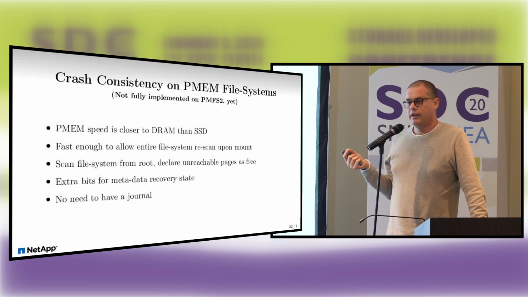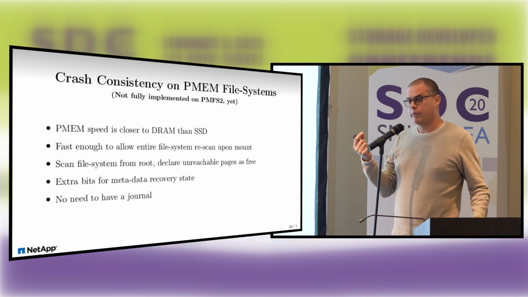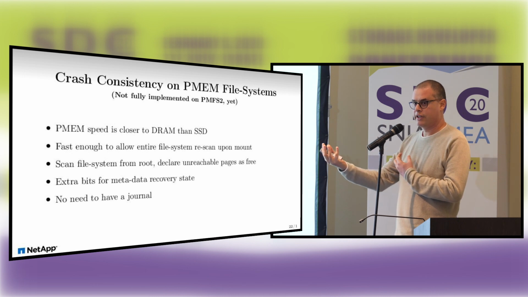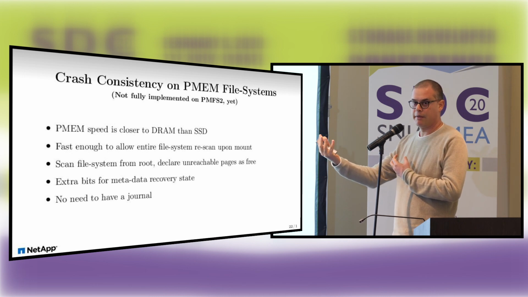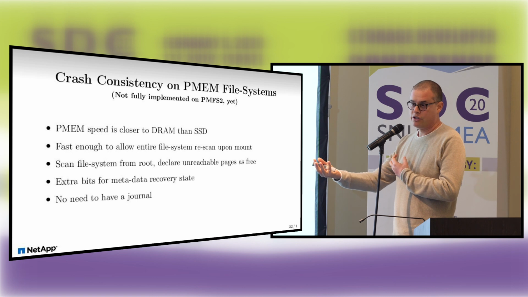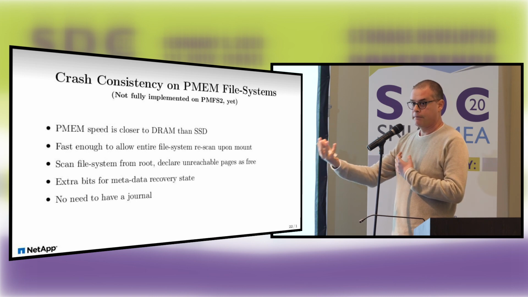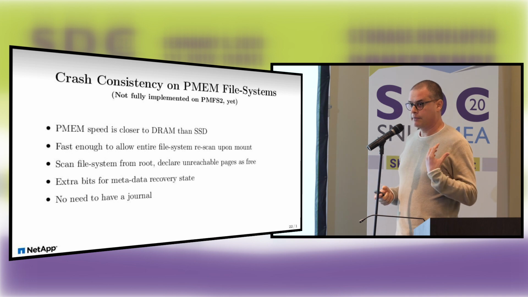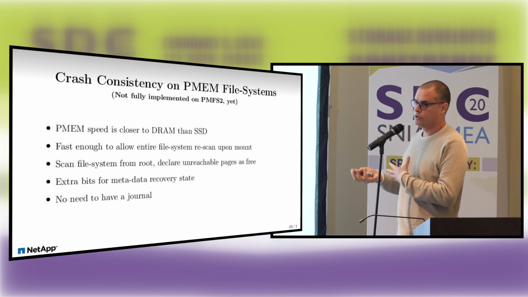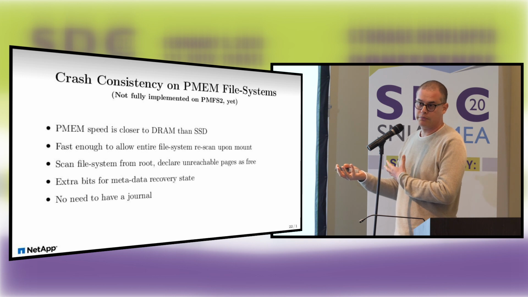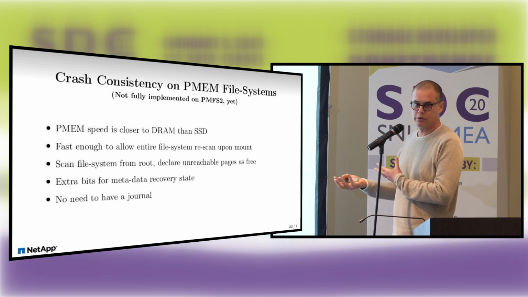PMEM is fast, which means that we can actually do a rescan of the file system upon remount, do kind of an fsck, and detect the kind of failures that may have happened due to a power outage, and also reconstruct the free pages upon remount, which is something this new technology allows us to do, and we definitely cannot do with a magnetic drive, but also not with an SSD.